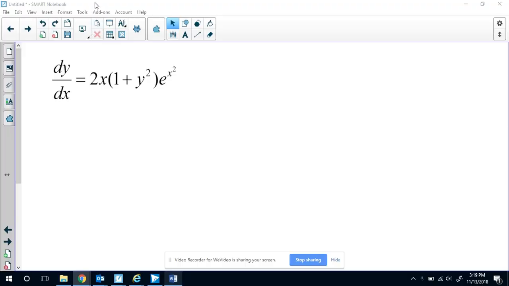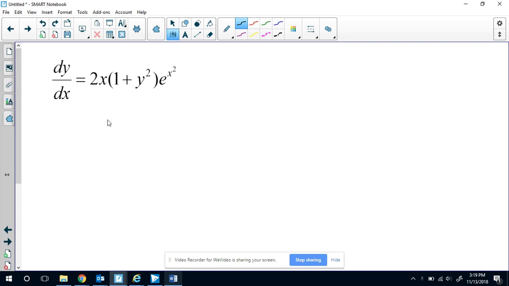The final problem is doing a separation of variables problem on dy dx equals whatever it ends up equaling. So in this case, dy dx equals 2x times 1 plus y squared times e to the x squared. The first thing we're going to do is separate the variables.